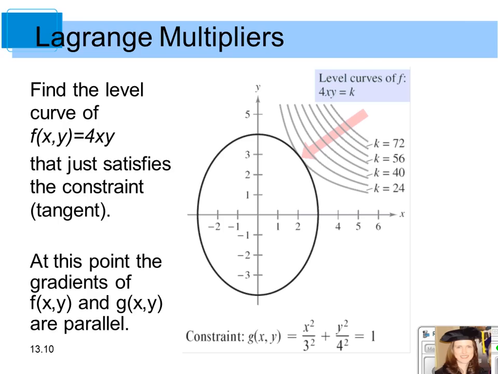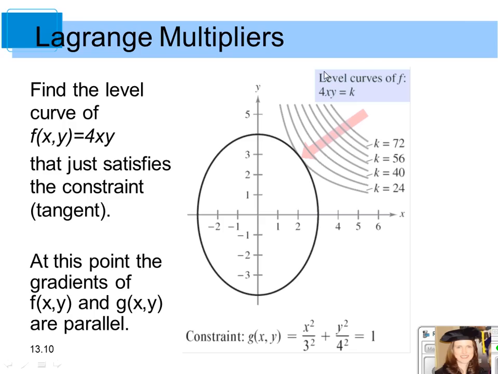In using the method of Lagrange multipliers, we're looking at finding the level curves of our objective function that just satisfy the constraint. The constraint is the ellipse. That's two-dimensional. Our objective function, what we're trying to maximize, is a function of two variables, so you can think of that as three-dimensional. One way to represent that three-dimensional surface is by graphing the contour lines or the level curves.